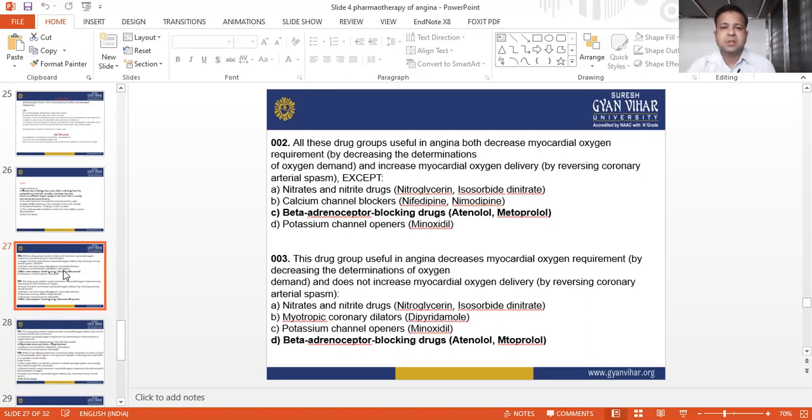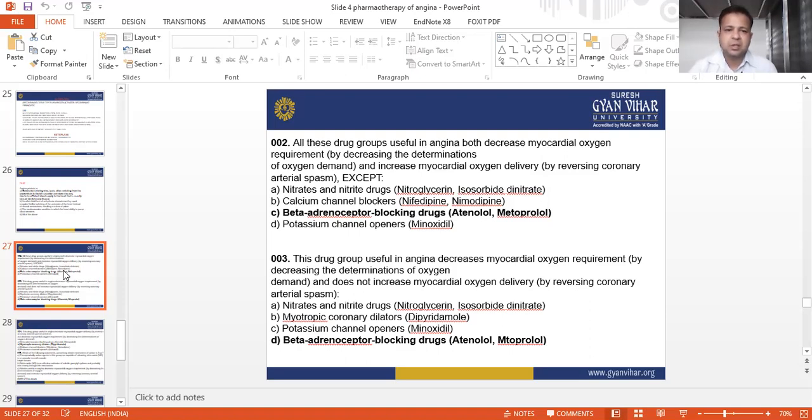Third quiz: this drug group, used in angina, decreases myocardial oxygen requirement by decreasing the determinants of oxygen demand and does not increase myocardial oxygen delivery by reversing coronary artery spasm.